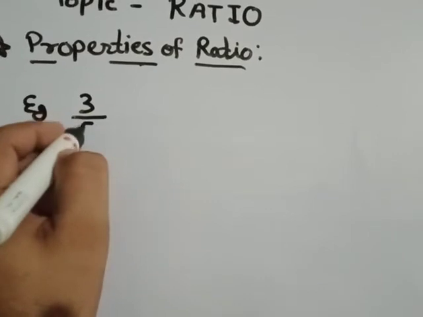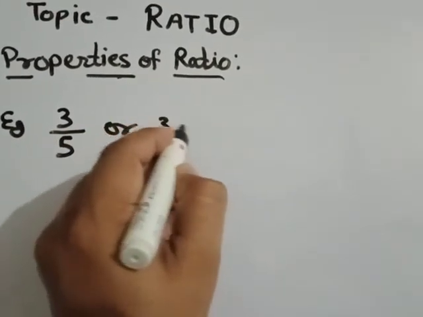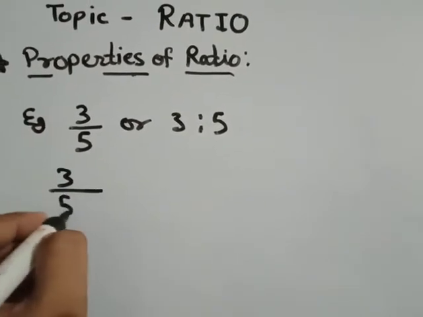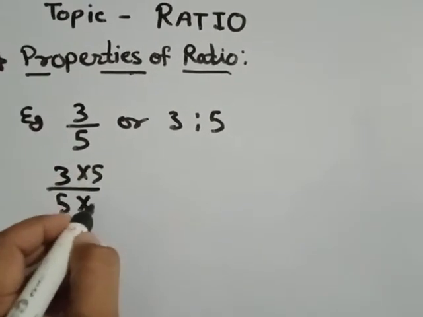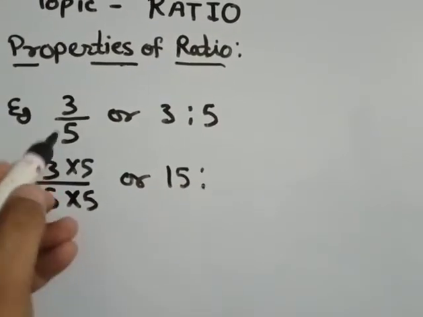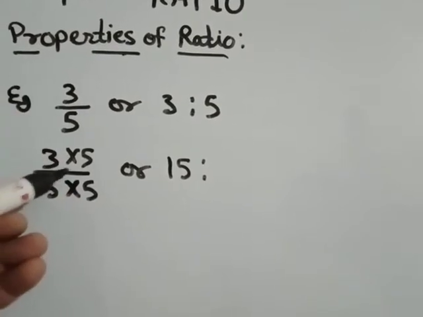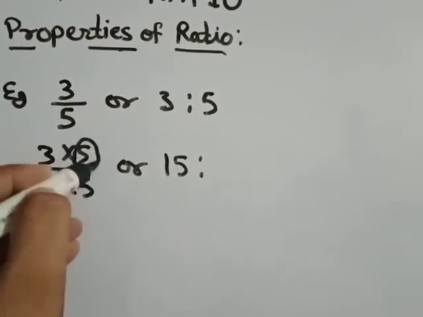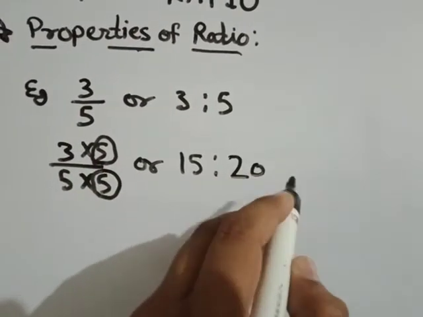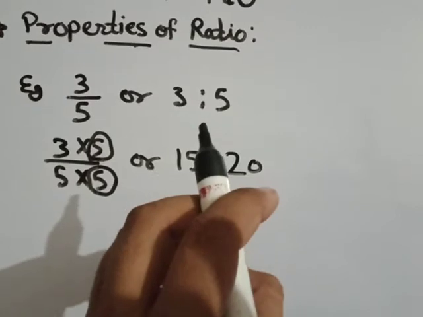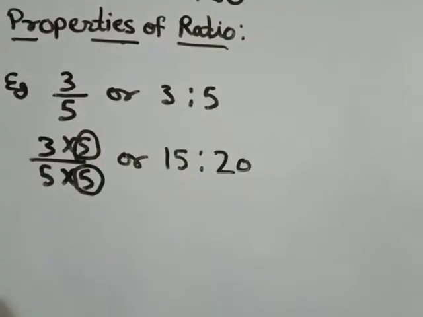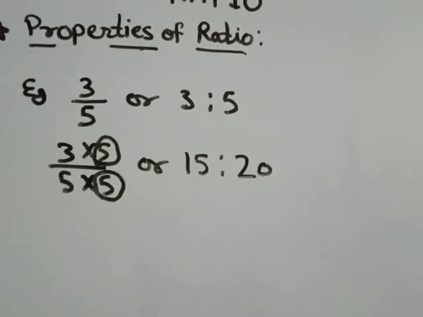If we multiply both terms of a ratio by the same number, or divide by the same number, the ratio remains the same, or equivalent ratio.